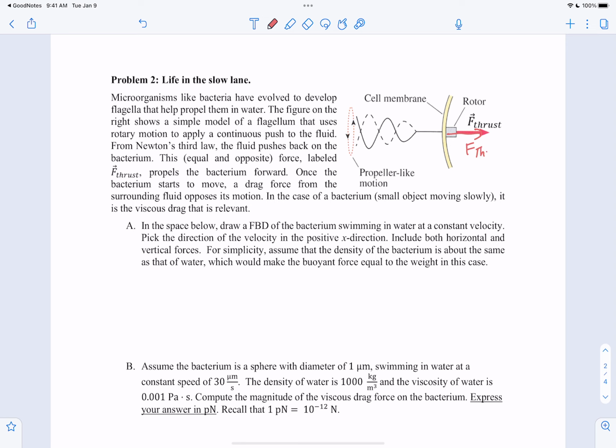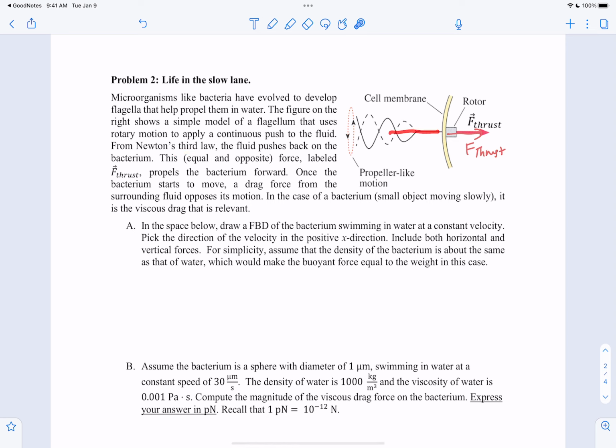Now, technically, the way this flagellum functions is that it pushes back on the fluid, so it pushes this way, and that helps the bacterium propel forward with that thrust force, right? So they say that the rotary motion applies a continuous push to the fluid. From Newton's third law, the fluid pushes back on the bacterium, right?